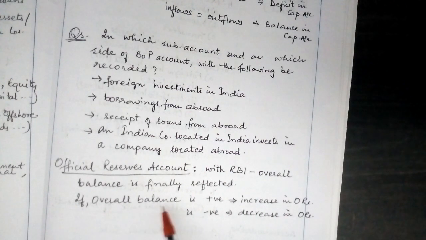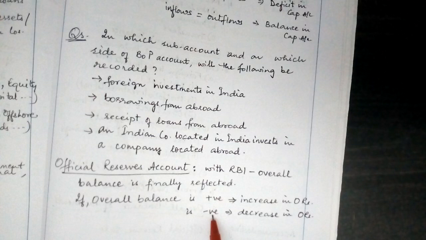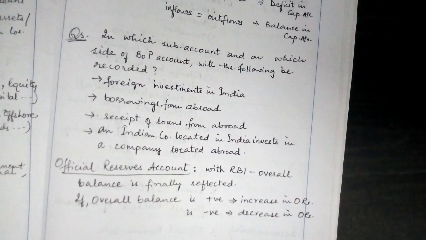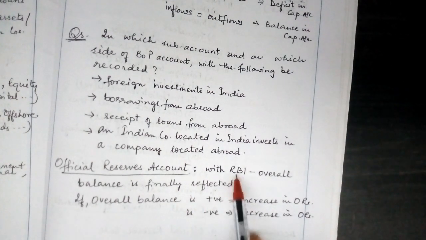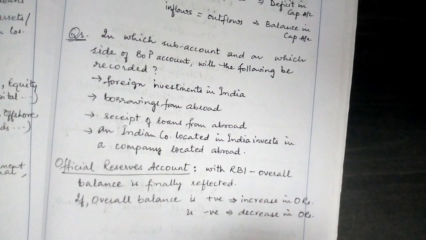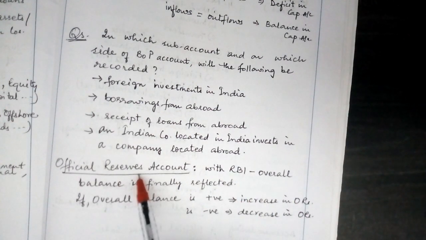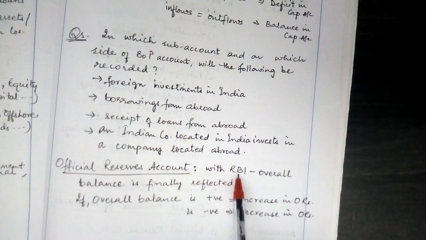On the other hand, if the overall balance is negative, it implies a decrease in official reserves account. The RBI is the custodian of foreign exchange reserves of the country, and all foreign exchange transactions in the country are routed through the RBI, and hence the official reserves account is maintained with the RBI.